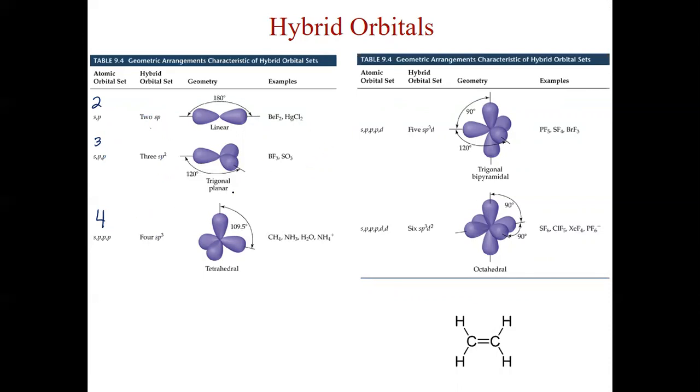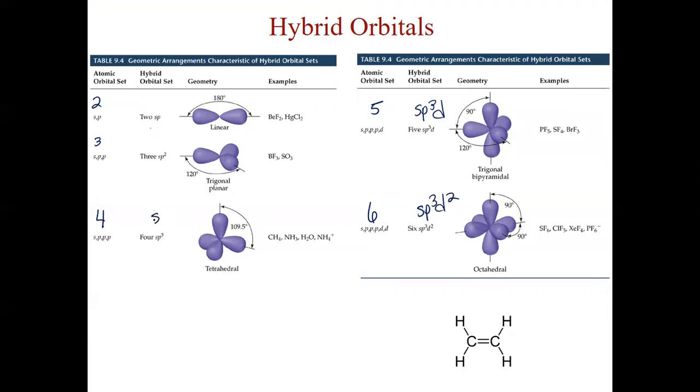And these are the main ones that you need to know for the AP exam. I'm going to just tell you what these other 2 are since we have them here. This is 5 electron domains, and the hybridization is 5 sp3d. And then this is 6 electron domains, and it is sp3d2.